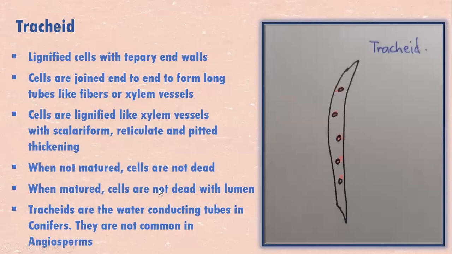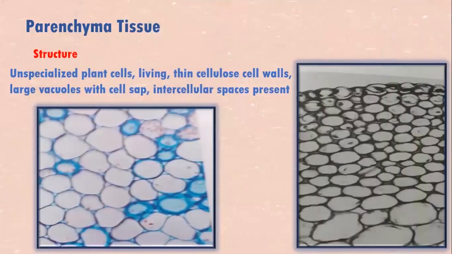When not mature, they are not dead, just like xylem vessels, and there is cytoplasmic streaming through the pits or plasmodesmata. But when they are dead, they have a lumen. Tracheids are very common in conifers. They are the main conducting tissues in conifers. They are not too common in angiosperms, but they are also part of sclerenchyma in angiosperms.